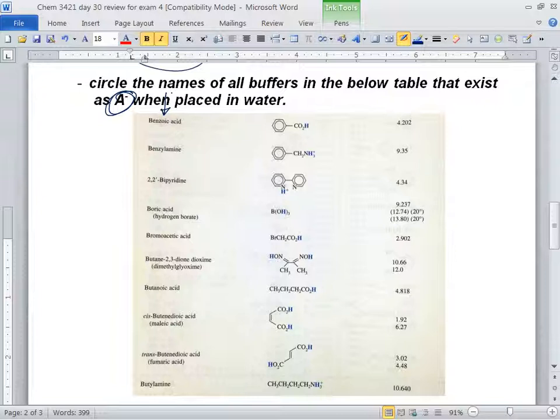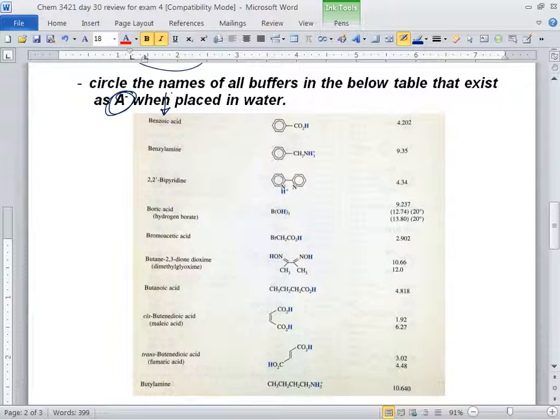Yes? Everybody agree? When you've done this a bunch of times, like I have, there's some easy answers. Whenever the name has acid in it, it's going to be an acid. So you don't even have to look at the structure.